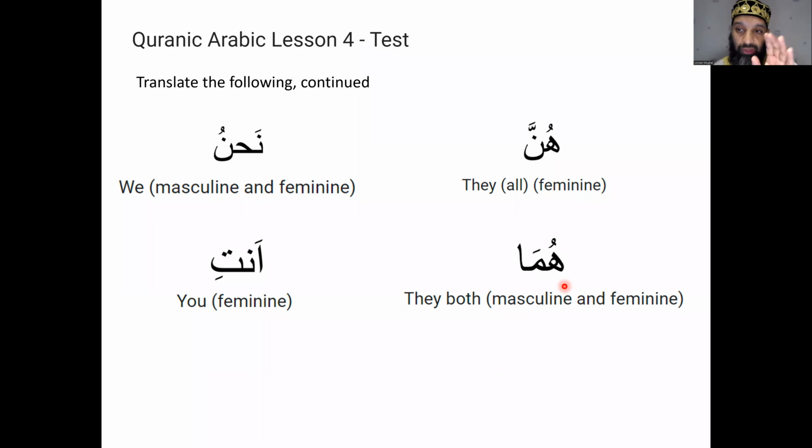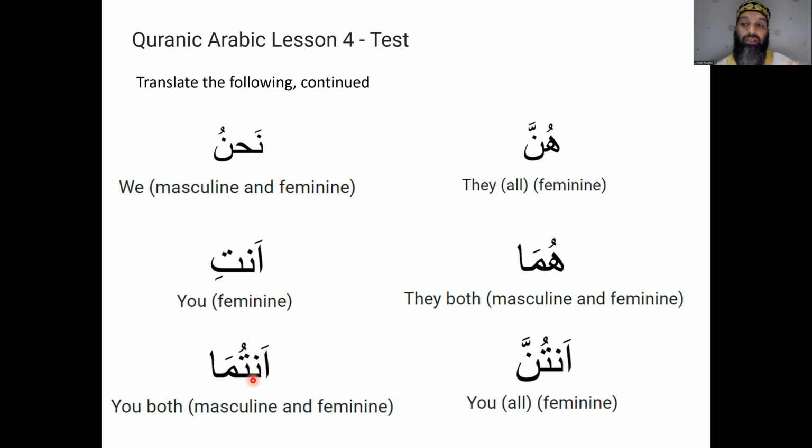Huma means them two. Antuma, you two, masculine and feminine. It's the same word. Then antunna, again the noon of the women has come. Antunna means you all, feminine.